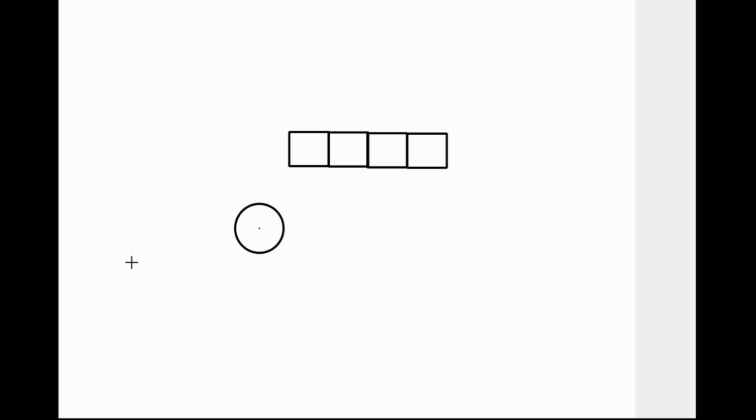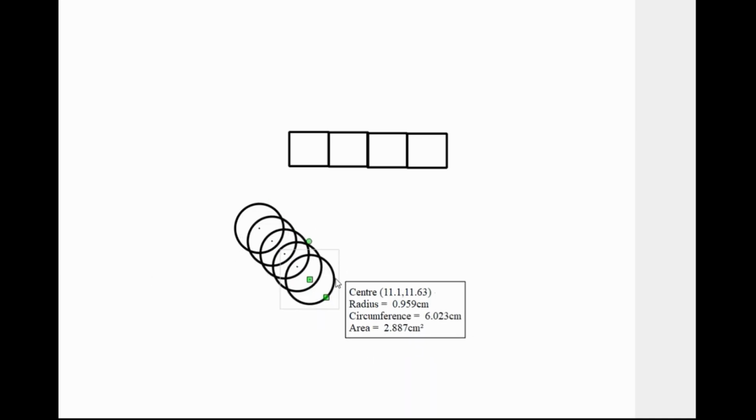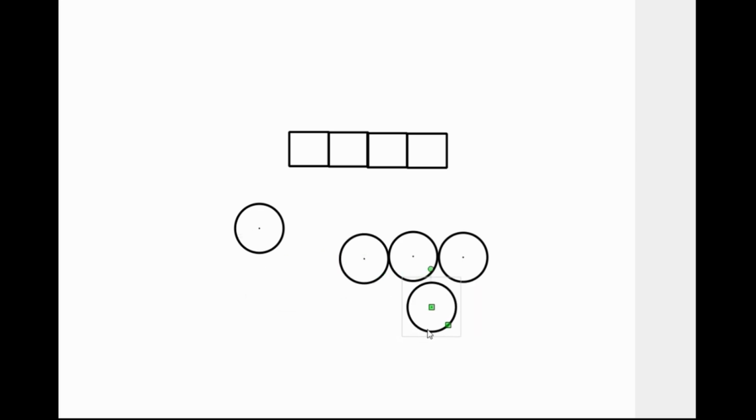Let me demonstrate, see if I can get this to show you what I mean. Copy 1, 2, 3, 4, and here we go. Let's see if they, oh good, they move. Let me put that one there, or if you like, there.